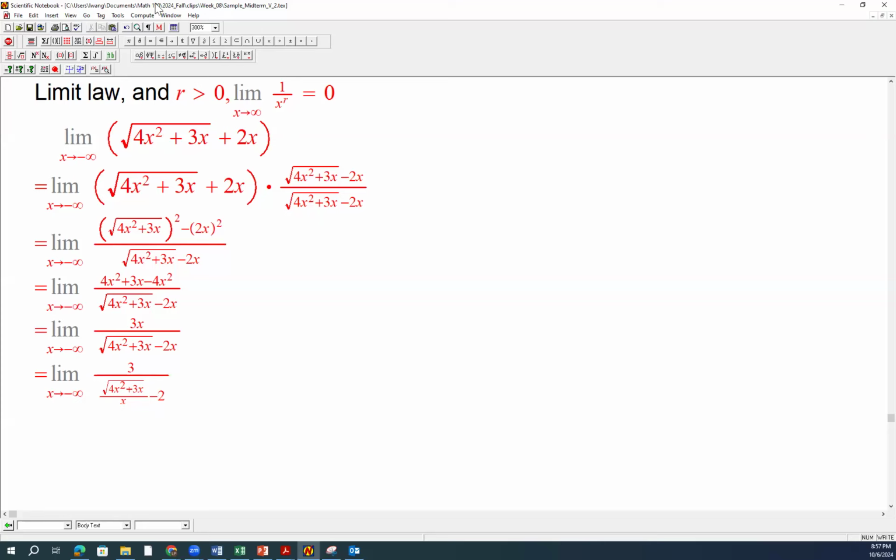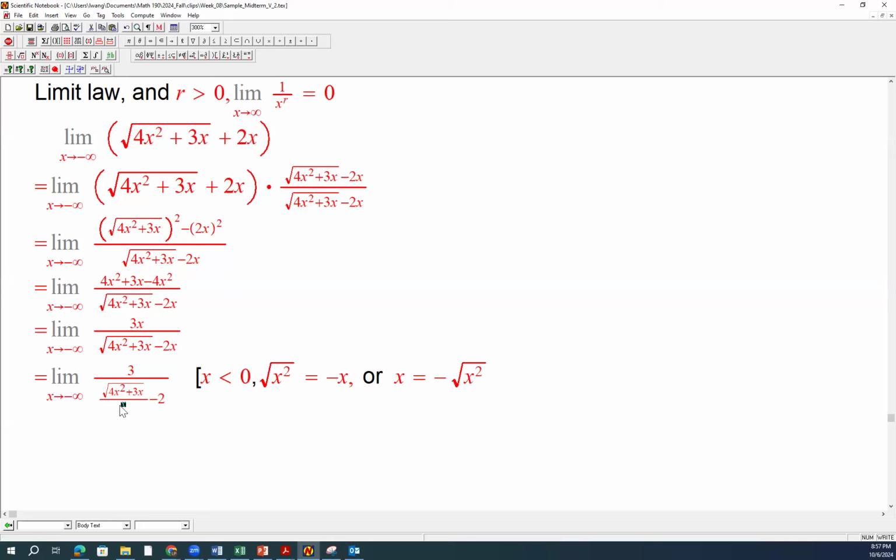But because x is approaching negative infinity, we can assume x is less than 0. In this case, we understand that the root of x squared equals negative x, i.e., x is equal to negative of root x squared.